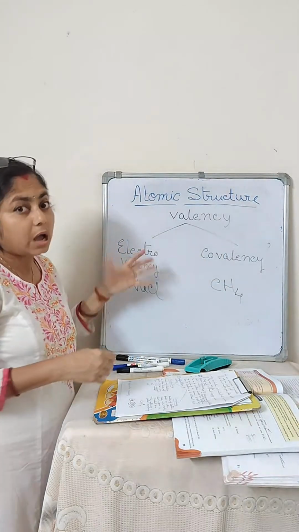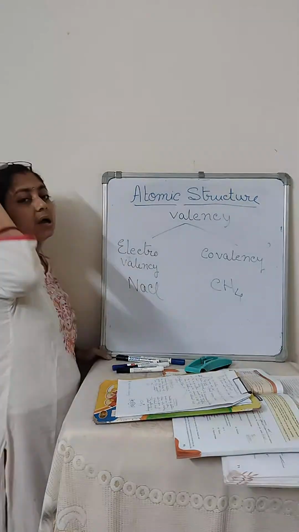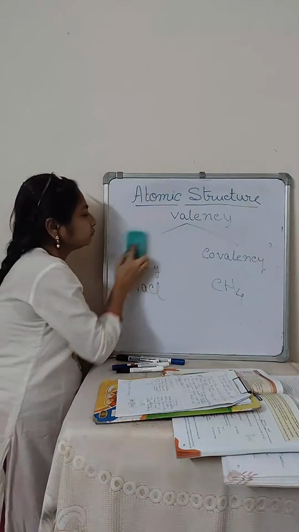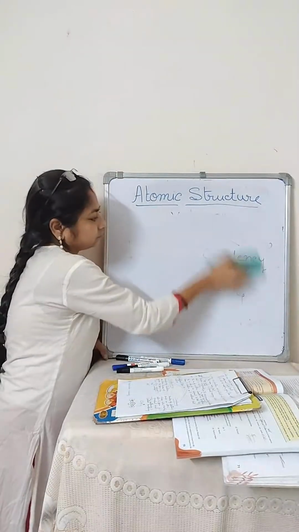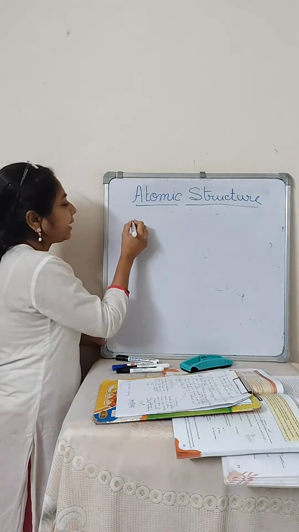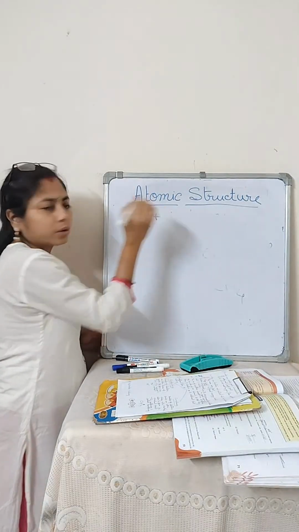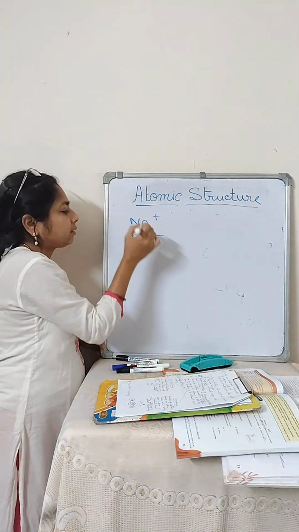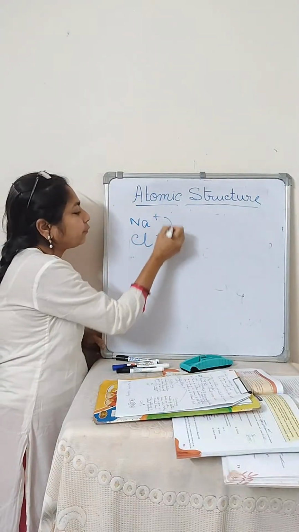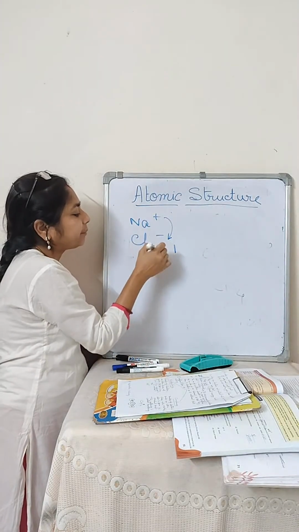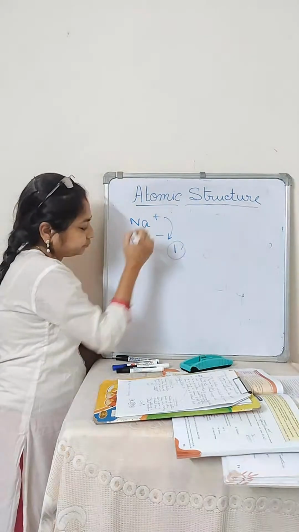Now I show how it is happening. Now electrovalency and covalency happen. Na has positive charge, Cl has negative charge. Sodium gives 1 electron and chlorine takes that electron.